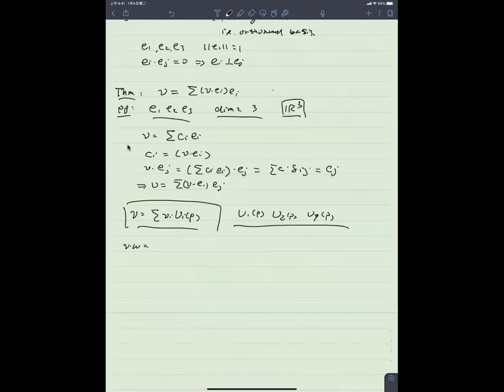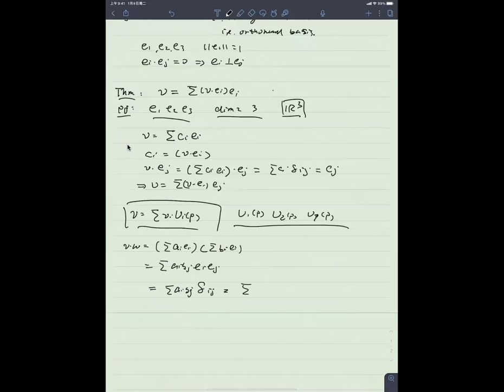So the rest is just to put them together. What we have is the canonical delta ij.